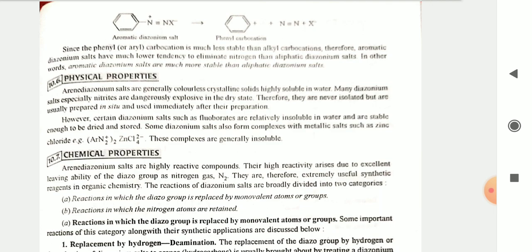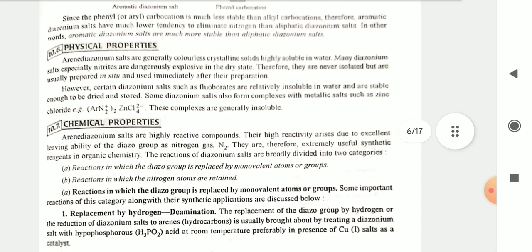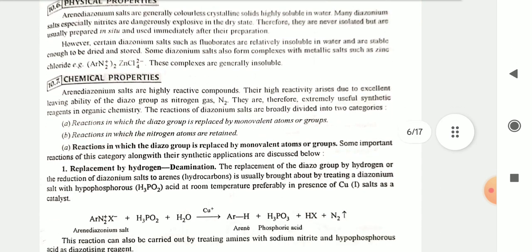A. Reactions in which the diazo group is replaced by a monovalent atom or a group. Some important reactions of this category along with their synthetic applications are discussed below. First is the replacement by hydrogen, or deamination.